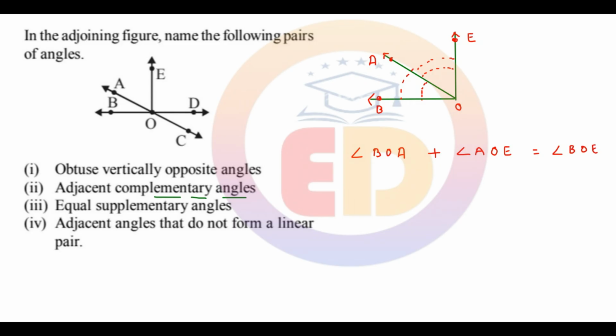This complete angle BOE is visibly a 90 degree angle. And when the sum of these two angles is 90 degrees, then these two are complementary angles. Now another point in this question is, are they adjacent? Let us check whether angle BOA and angle AOE are adjacent. For being adjacent angles, they should have a common vertex. These two angles do have a common vertex.